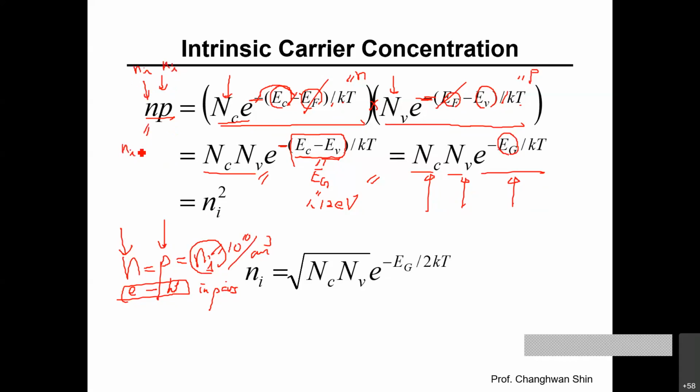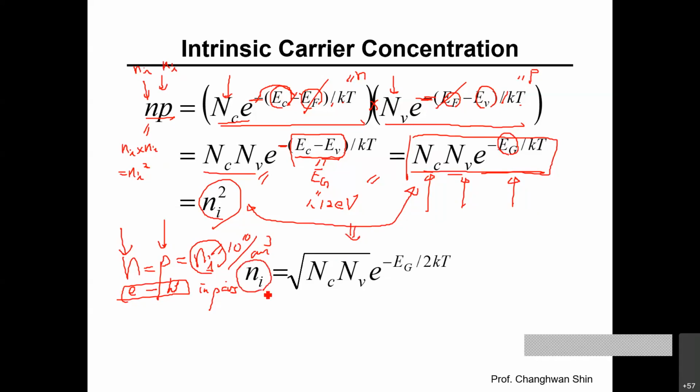Then this one is Ni times Ni, that is equal to Ni squared. So that is written here. And now this term Ni squared should be matched to Nc Nv exponential to the minus Eg over kT.